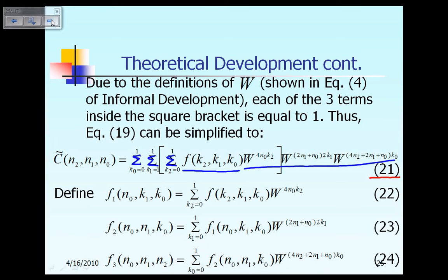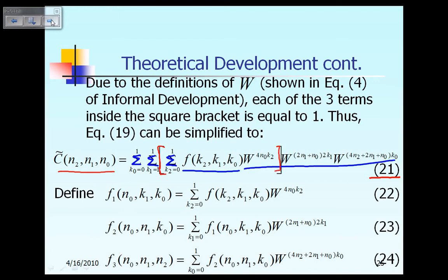Then the next thing we say is this. We can calculate the unknown vector c tilde n2, n1, n0 by systematically calculating the right hand side of equation 21. And the way to do that is we define the first bracket right here.